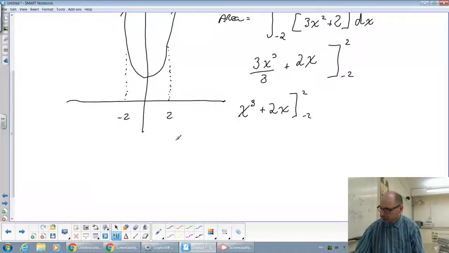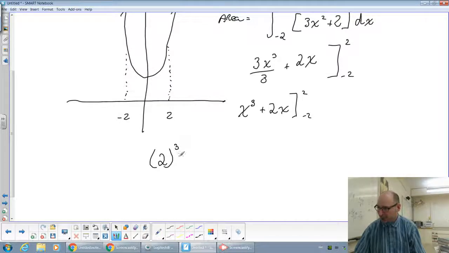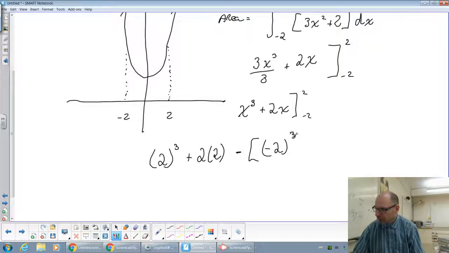Okay. Pardon me, 2 cubed, finally got it right. 2 cubed for the x cubed plus 2 times 2, minus, okay, this is where we need -2 cubed plus 2 times -2.